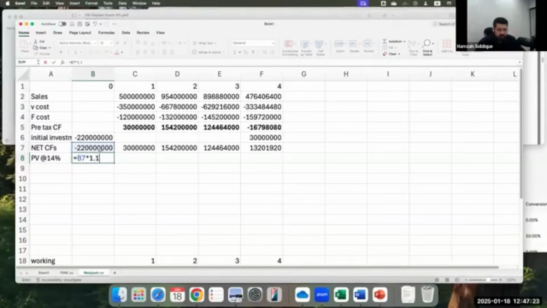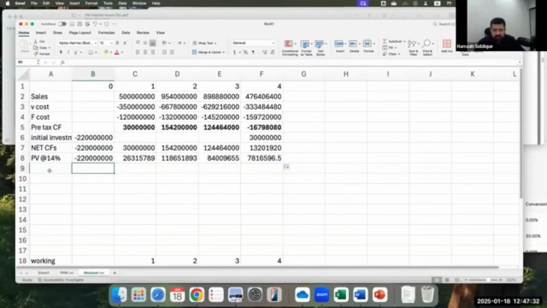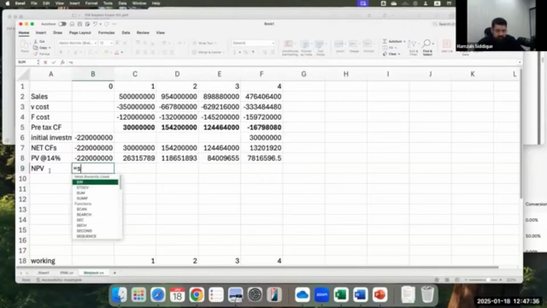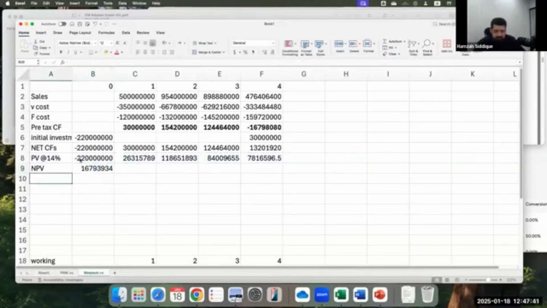This into 1.14 raised to power minus this. Yes, so NPV is equal to sum from here to here. 16.79 million NPV.